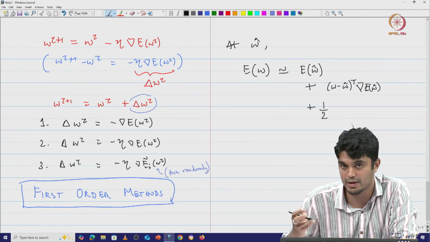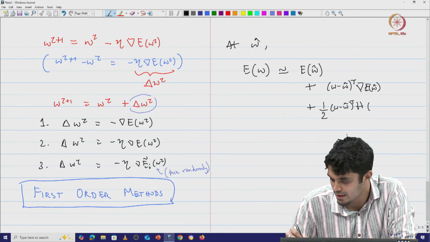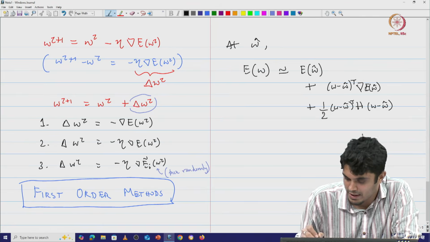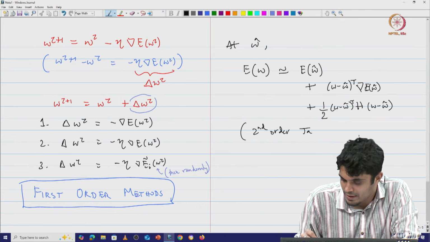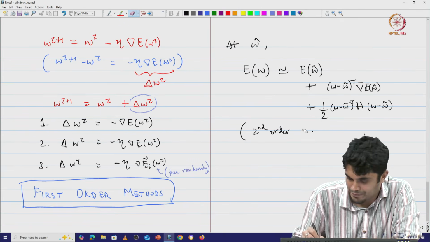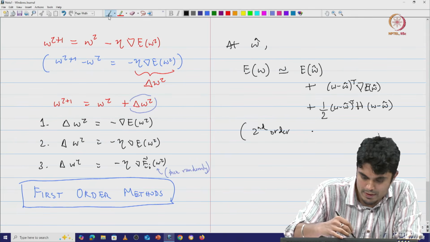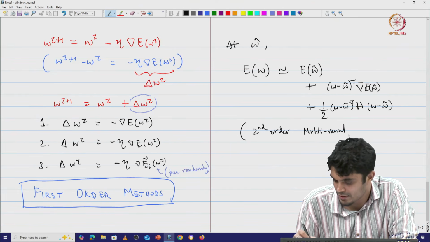We are doing the second order Taylor series expansion, so omega minus omega hat transpose the Hessian operated on omega minus omega hat. This is the second order multivariate Taylor series approximation.